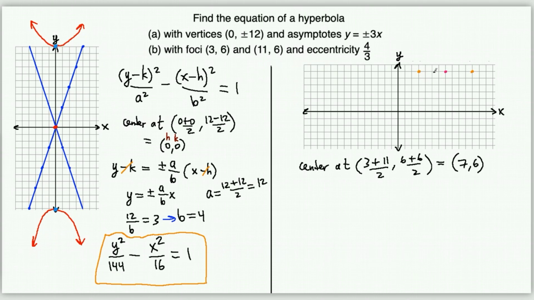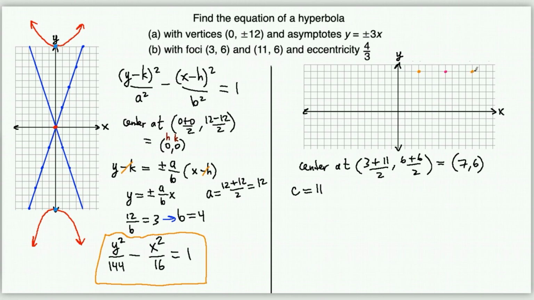The c value is responsible for the foci, the distance from the center to the foci. So the c value should be equal to 4, right? To confirm that algebraically, c is going to be what? You're going to basically subtract 7, the center x coordinate, from the x coordinate of the right focus, right? So that's going to be 11.